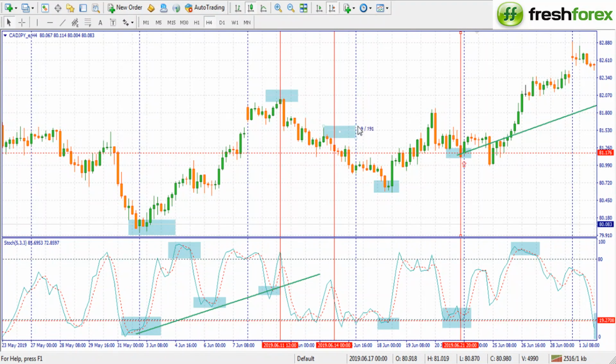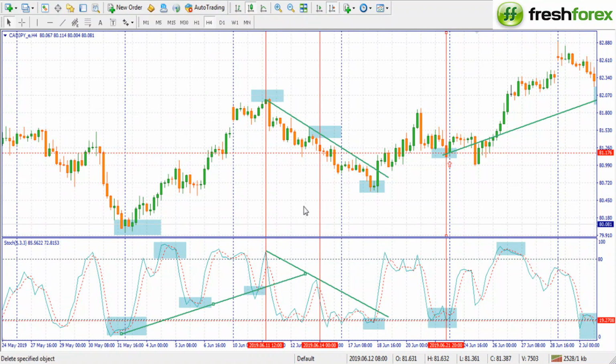So basically you draw a line from the top like that, then you check with the indicator. Notice it's just the same thing. What this means is that the indicator, although it may not be everything, at least helps you understand what is happening. If you cannot understand this as a higher high, a lower high, and even a lower high, then just know the indicator is showing the same thing.